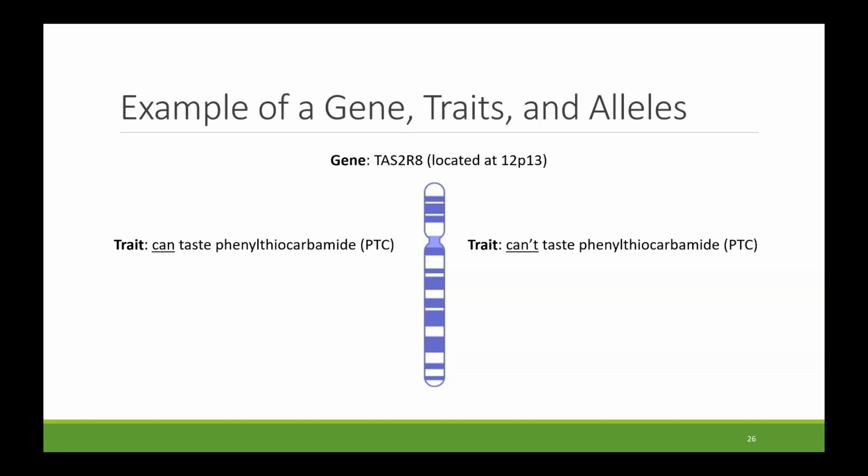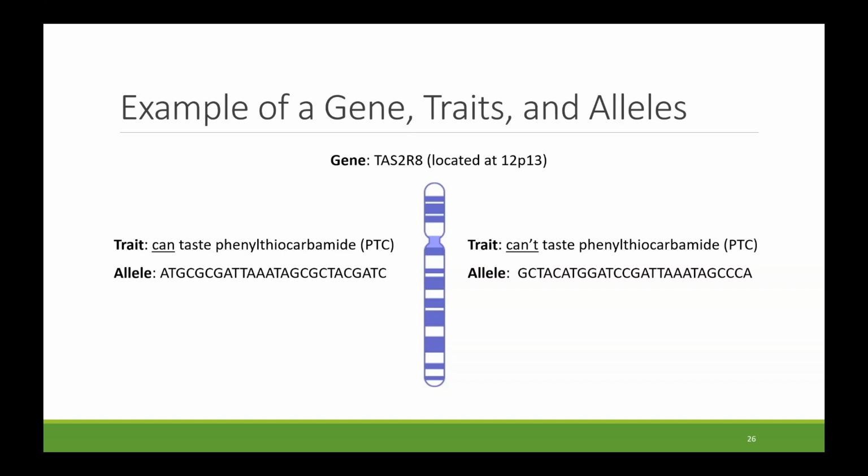And these are completely hypothetical, but the sequence of nitrogenous bases for the allele that encodes the ability to taste PTC might read the way that you see on the left. And then the sequence of nitrogenous bases for not being able to taste PTC might read the way that you see on the right.